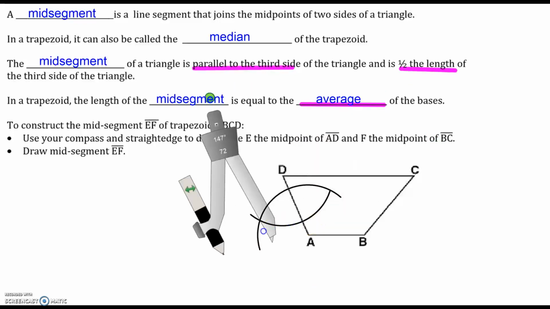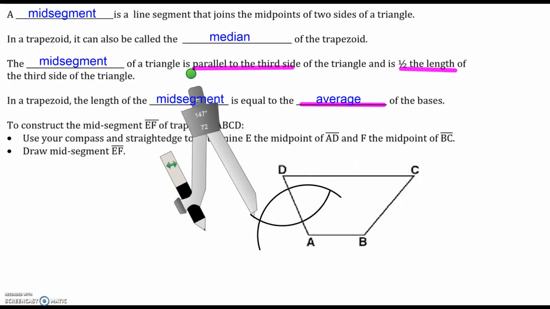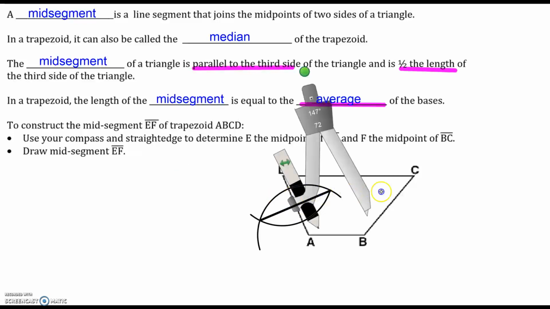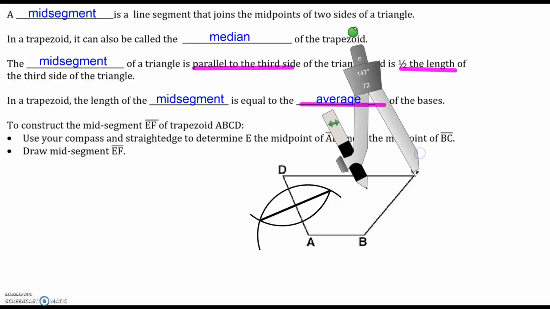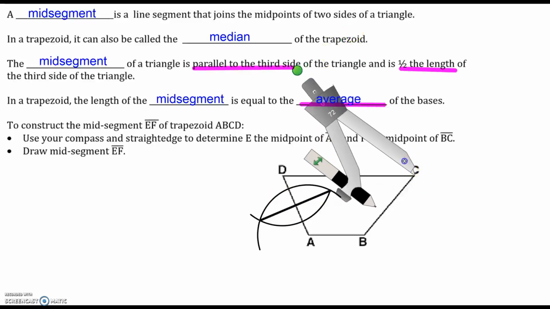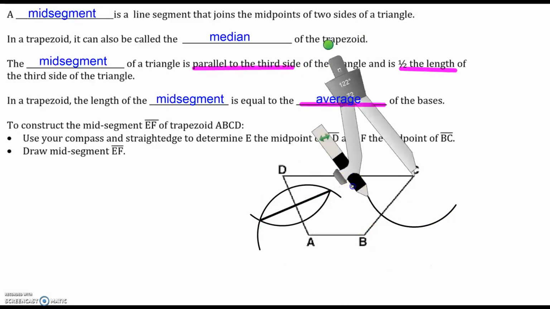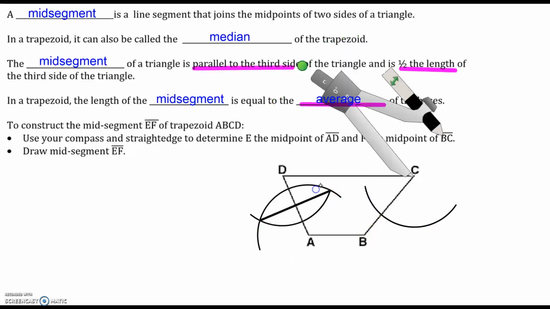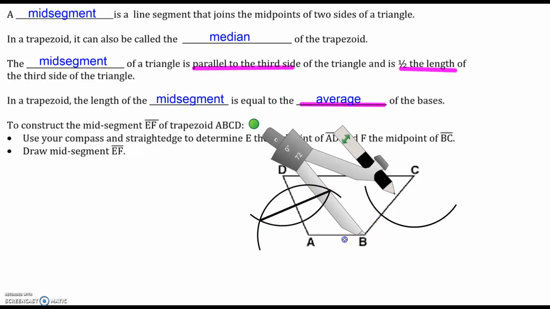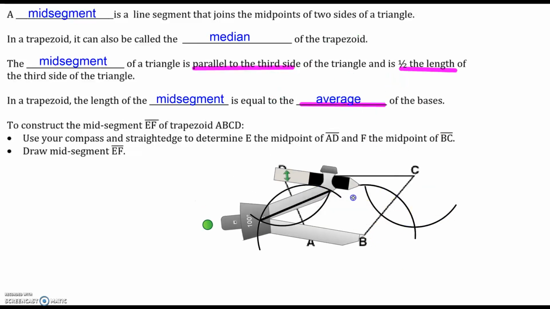And where they intersect will help us find the midpoint. And then we're going to do the same thing on side BC, the other non-parallel side. Opening more than halfway, swinging the arc, flipping it around to B, doing the same thing, and connecting to find the midpoint.